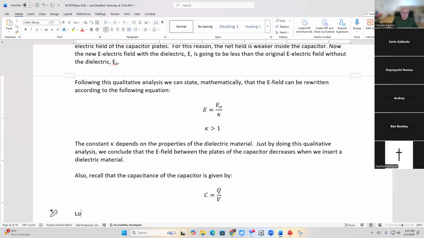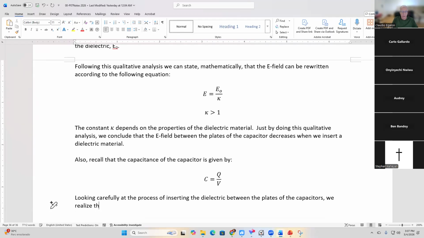Looking carefully at the process of inserting the dielectric between the plates of the capacitor, we realize that the charge in the plates remains the same, okay?